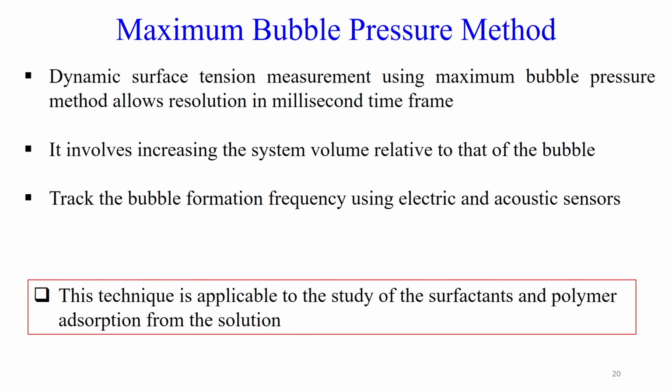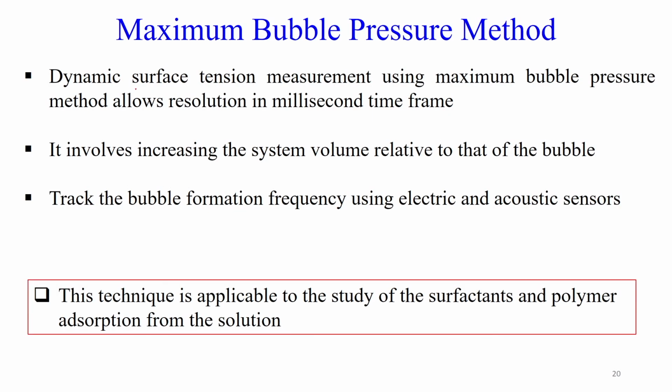So, the next method is the maximum bubble pressure method. In the liquid we are going to form a bubble, let us say a bubble of air. What this method suggests is that if there is a formation of a bubble, the pressure required to form the bubble is related to the surface tension, or the interfacial tension.